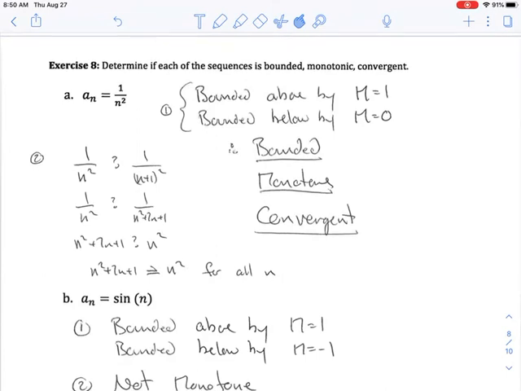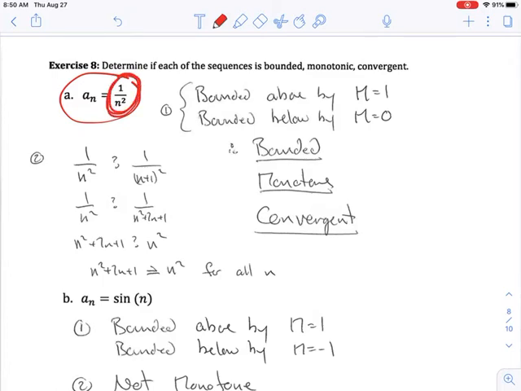So the bounded part, you kind of have to do intuitively. The smallest value of n here is going to be n equals 1, because we start at a sub 1. And so it's going to be bounded by 1 on one side, okay? And as n approaches infinity, this whole thing approaches 0, all right?